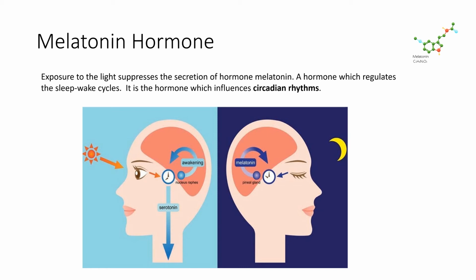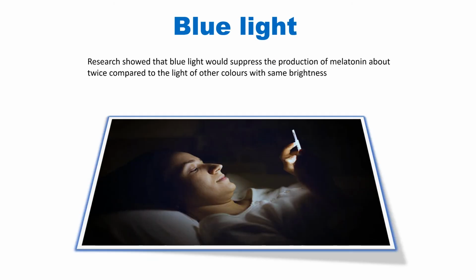This is affected by blue light and overexposure to light, our circadian system and melatonin hormone. As a result, it affects your sleep and your circadian rhythm, and might cause some health troubles as well.